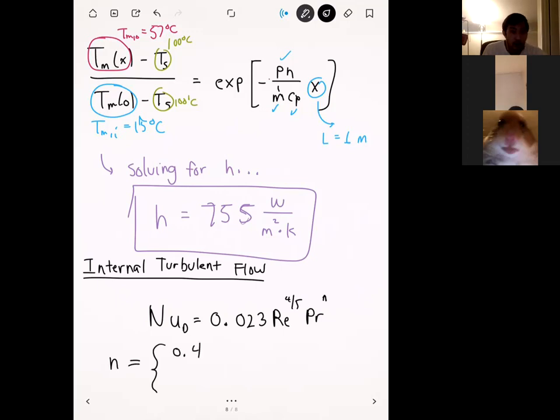You're going to plug in 0.4 for n if your surface temperature is hotter than the mean temperature. But if your surface temperature is colder than your mean temperature, you're going to plug in 0.3 for n.